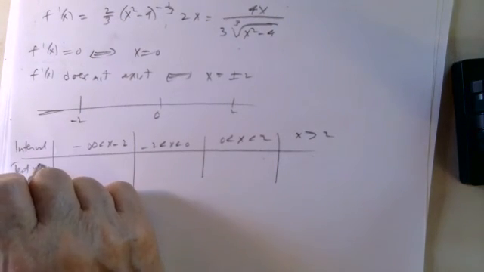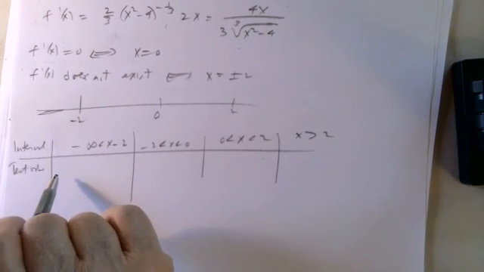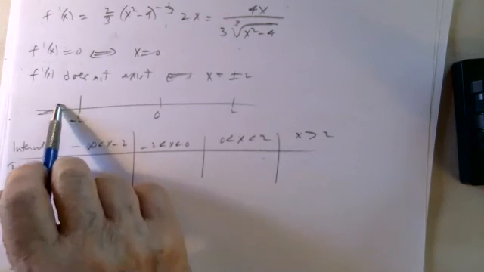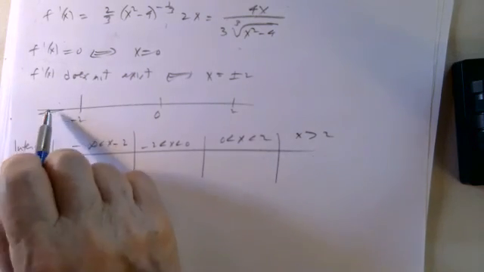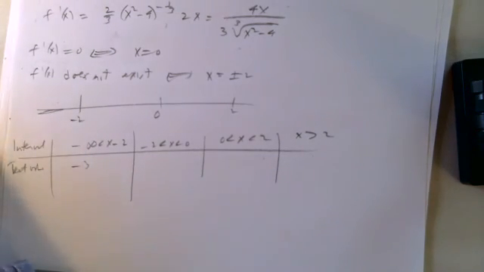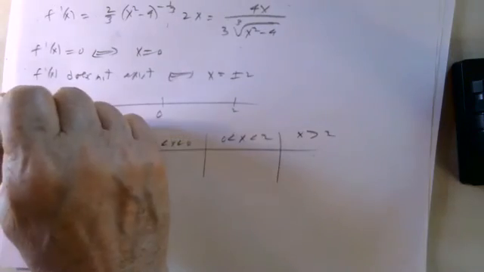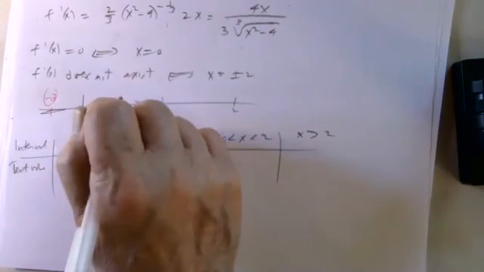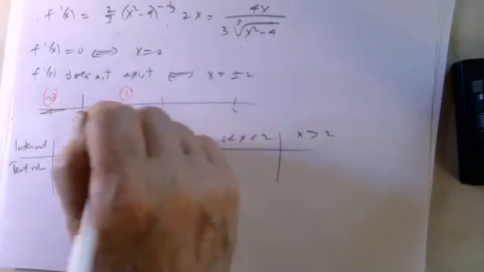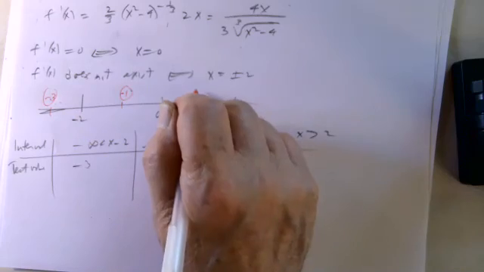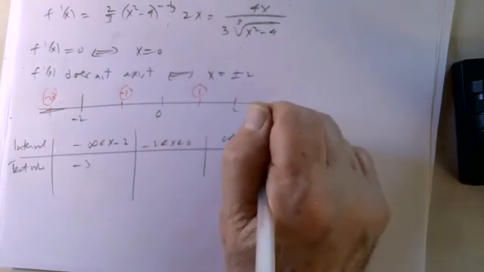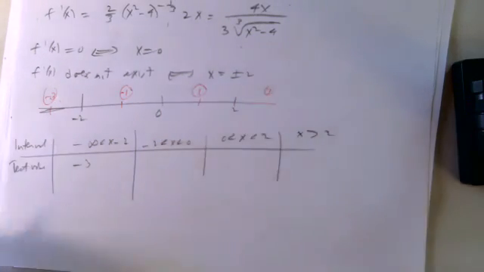And in each of these intervals, I pick a test value. So here I could pick minus 3. Here I could pick minus 1. Here I could pick plus 1. And here I could put 3.